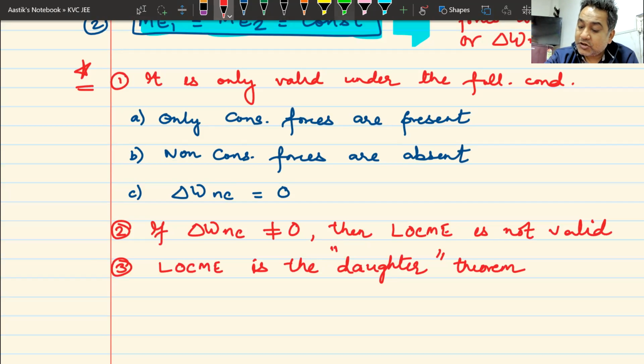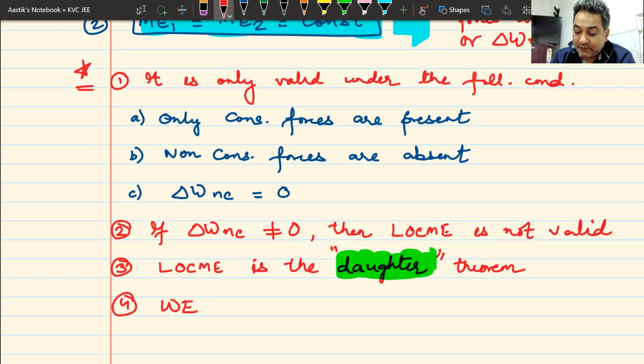If LOCME is the daughter, then who is the mother? Work energy theorem, work kinetic energy theorem is the mother theorem.